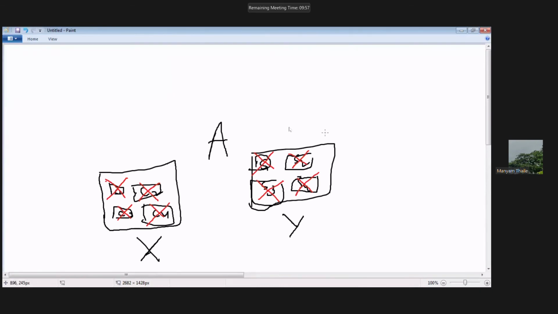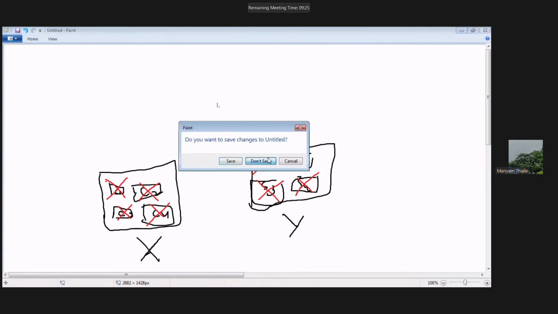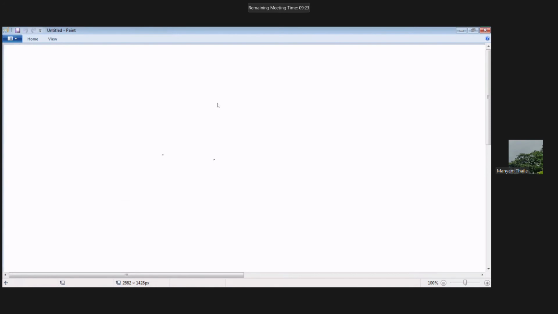After marking all, if there is no bag left in room X and room Y, then he concludes that the number of bags are equal. So this is the concept, and this concept is used in a Turing machine. We will see some examples.